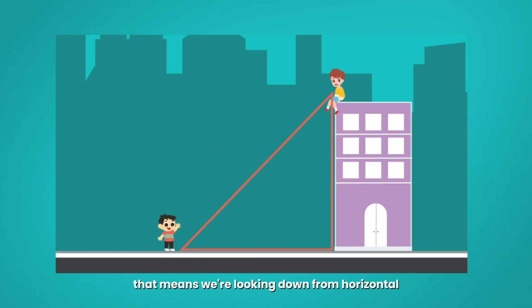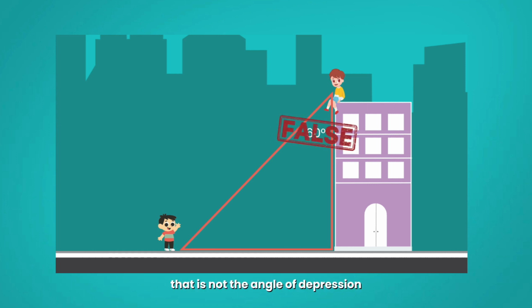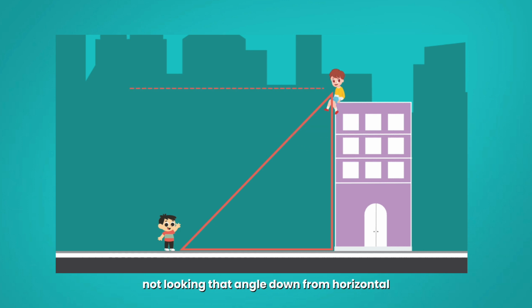That means we're looking down from horizontal. So here is the classic mistake. Pay careful attention. I see a lot of students put the 60 degrees here. That is incorrect. That is not the angle of depression because you are not looking down from horizontal at that angle.